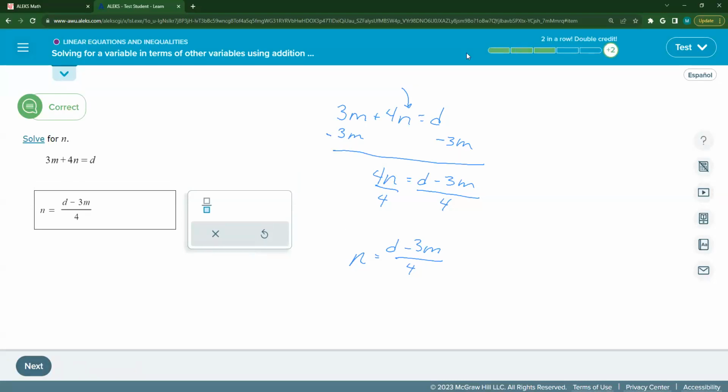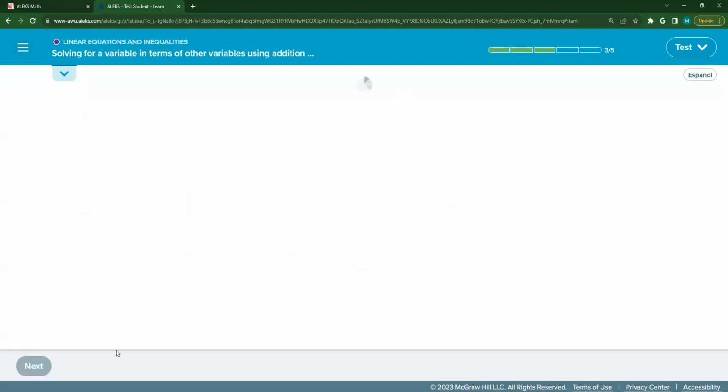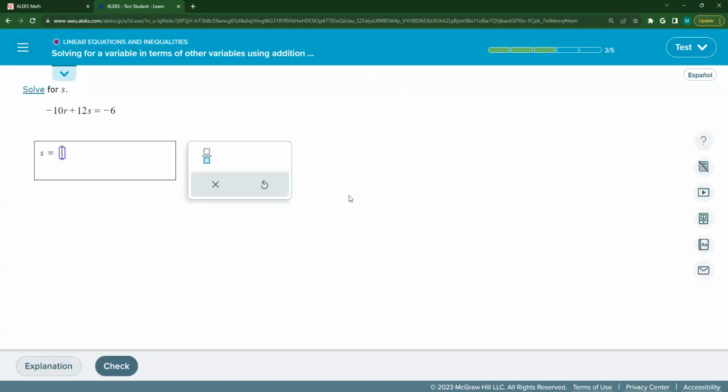We'll clear all my things and get one more done. This time I'm going to write it as my 2 separate answers just because I can, just to verify that we can do that. So I have negative 10r plus 12s equals negative 6. I need to get the s by itself.